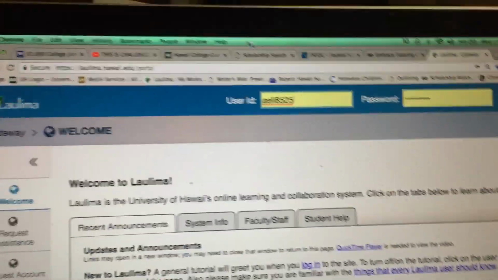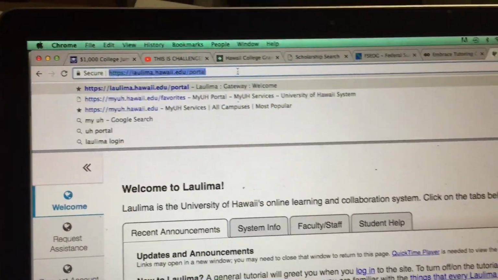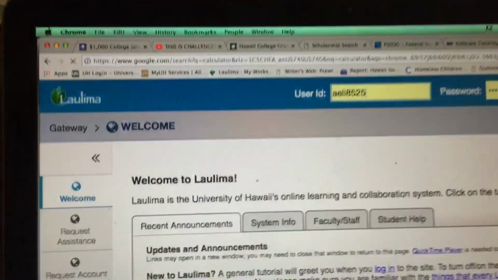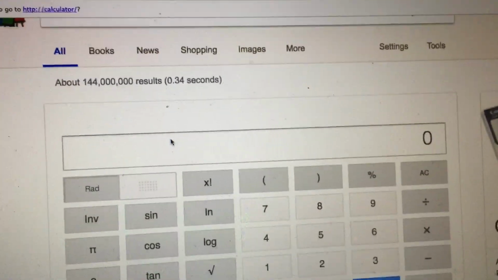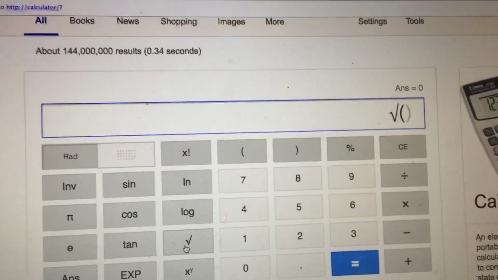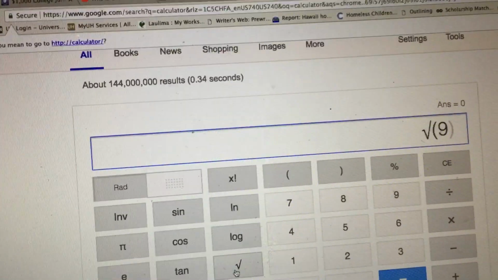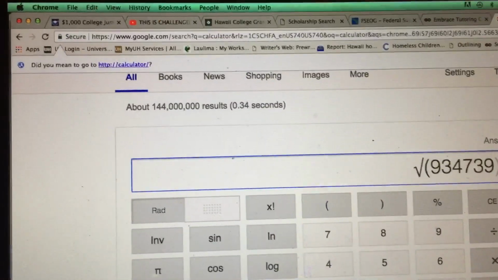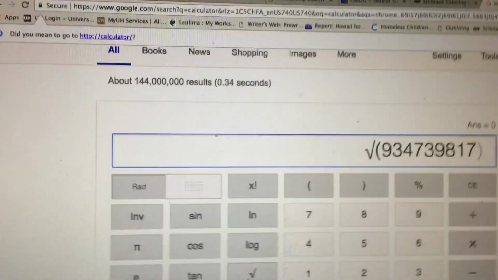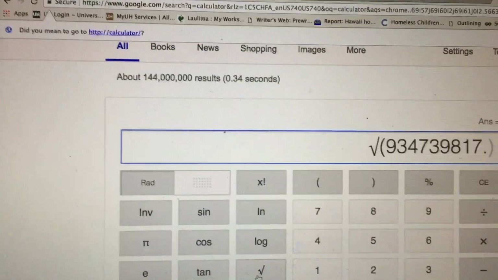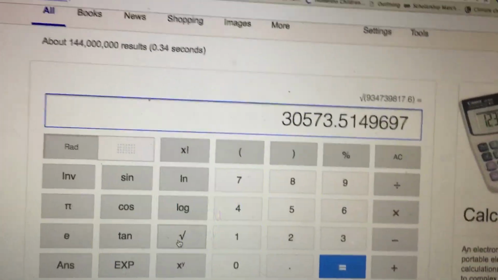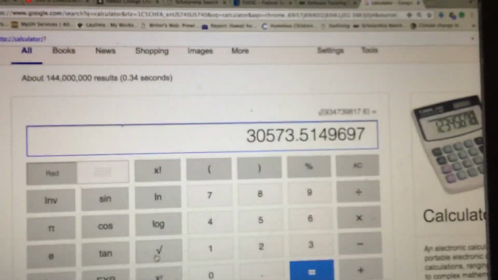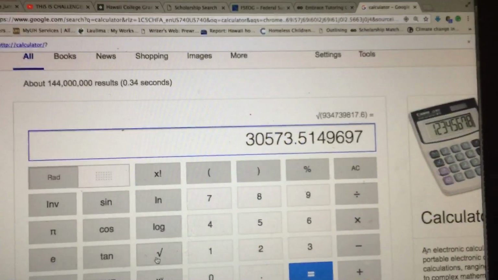So to do that, I need a different calculator. Okay, and we're going to push that square root number of 934739817.6 equals 30573.5149697.